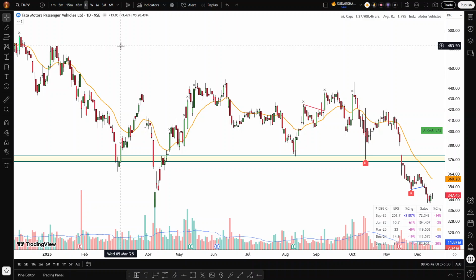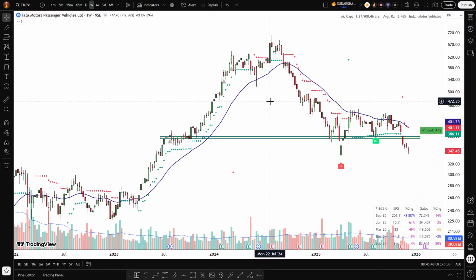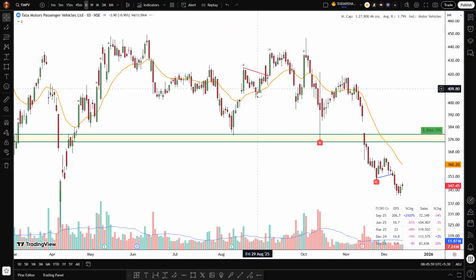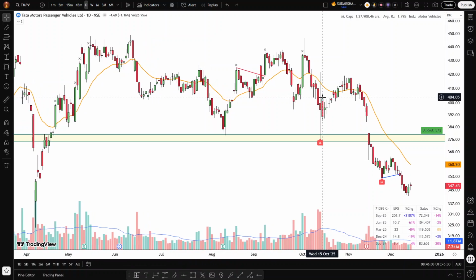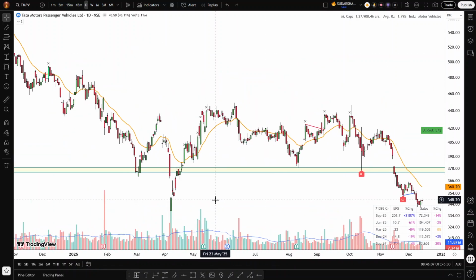Sometimes if the chart looks good in the daily time frame, you just shift to the weekly time frame and look at how it is, whether there is any V stop above the candle or below the candle, and then you proceed with that. See, in the daily time frame there is no clear indication of any chart that you can follow.